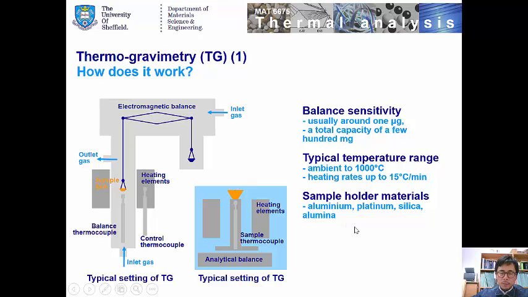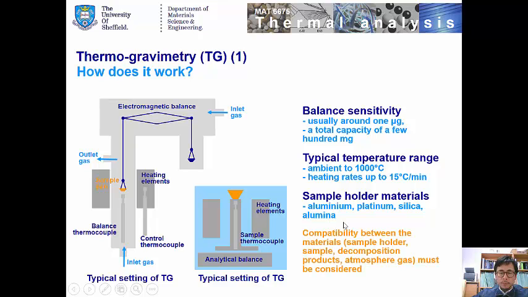Sample holder materials: aluminum, platinum, silicon oxide, aluminum oxide. They are commonly used depending on the material and temperature. It is important to remember your sample and sample holder or flowing gas should not react.